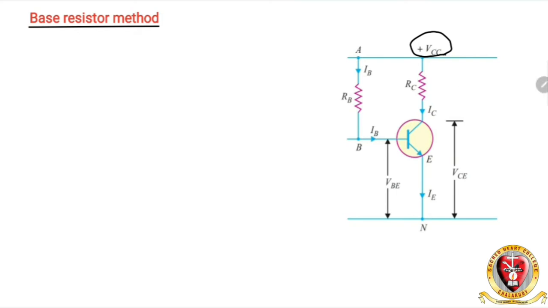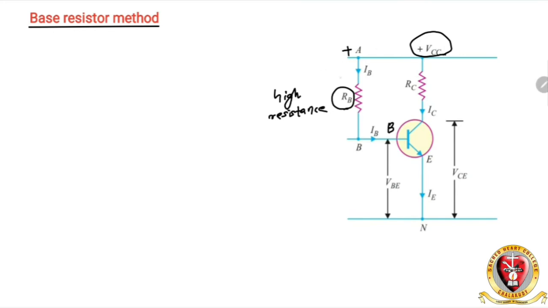In this method we are using a high resistance RB, usually in the range of mega ohm. It is connected between the base and the positive end.